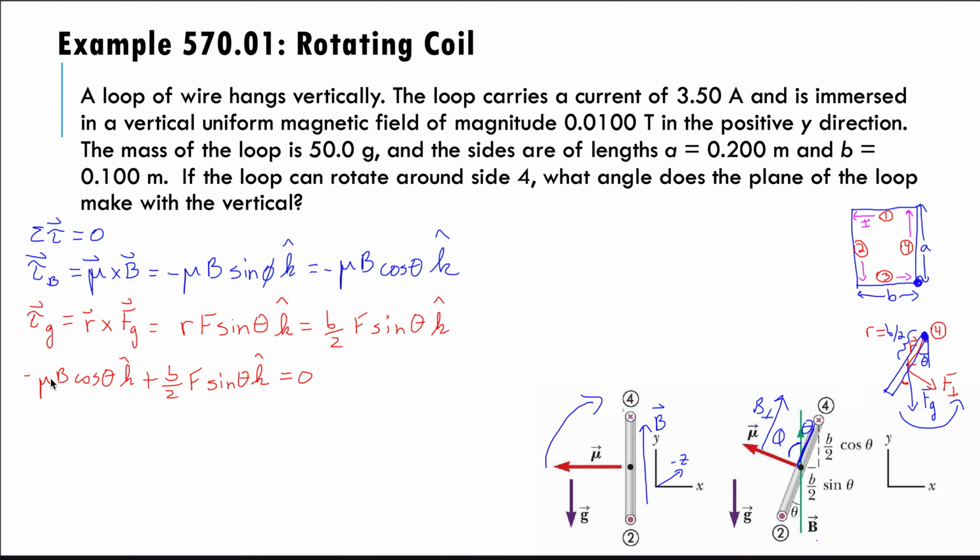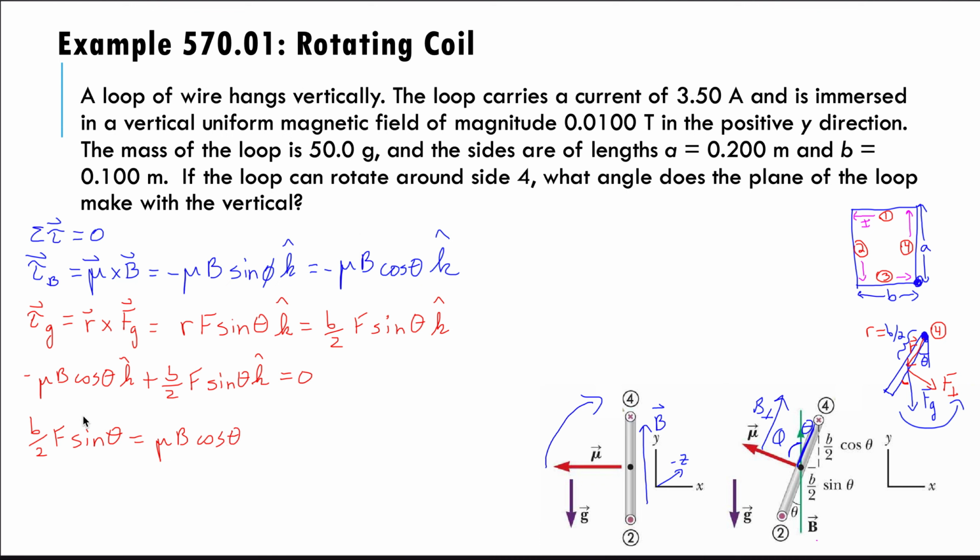So go ahead and move the first term to the other side. We're going to have little b over 2 f sine theta. We can cancel out the k's here, is equal to mu b cosine of theta.